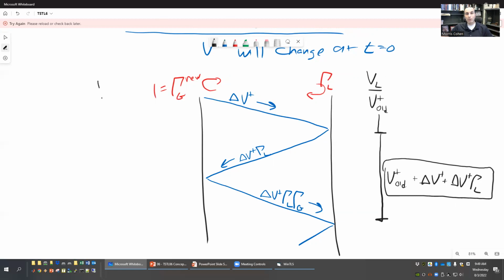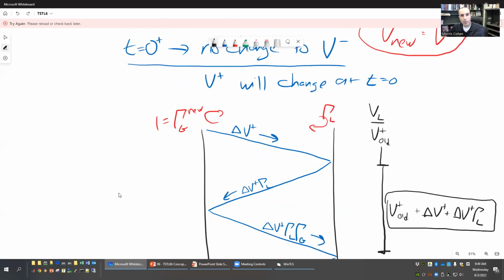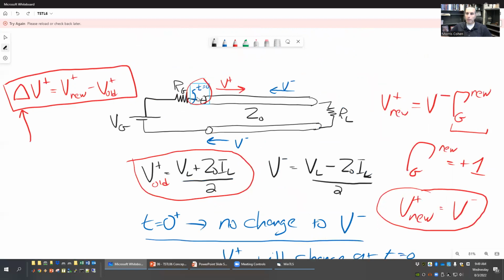In this case, we would expect that when we open this switch right here, eventually there ought to be no voltage, right? Because there's no battery. All I have is a transmission line connected to a resistor and nothing else. So I would expect there to be no voltage and no current.